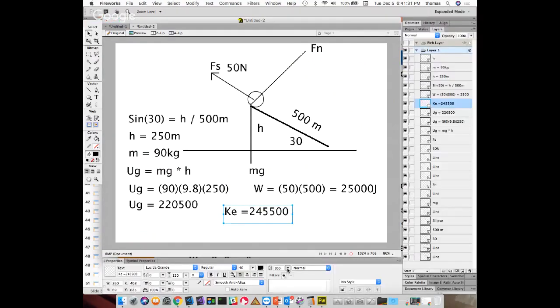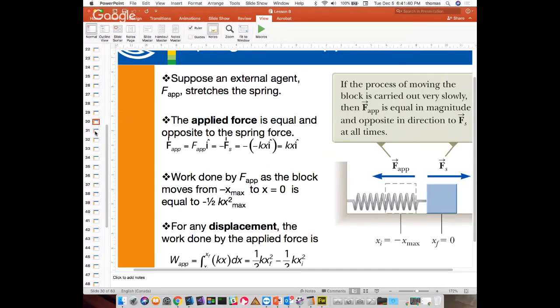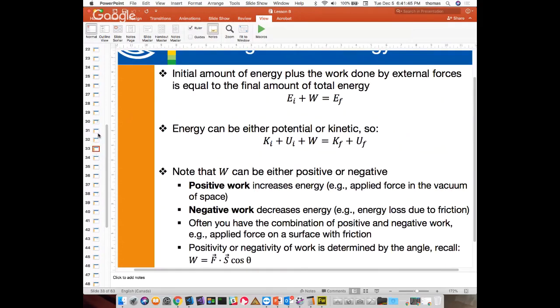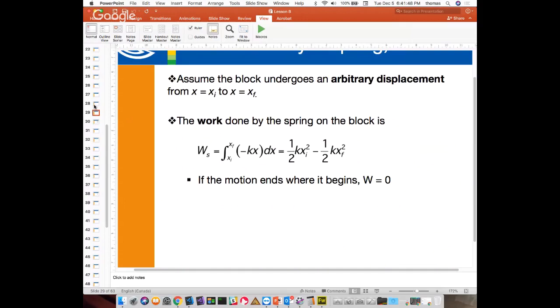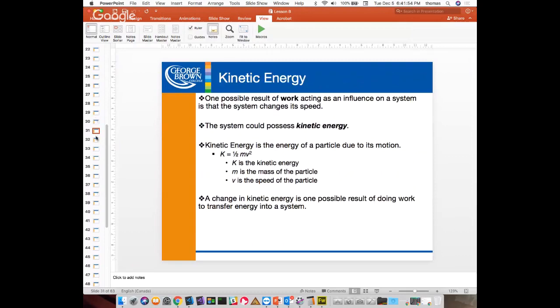So if we look at what kinetic energy is, going back to our little PowerPoint, that's work done. Here's kinetic energy. So kinetic energy is 1/2 mv squared, right? So we have a ratio of mass times speed. That's what that is, not velocity. v is the speed of the particle that we're looking at.